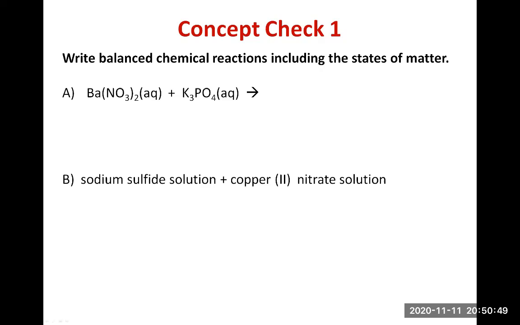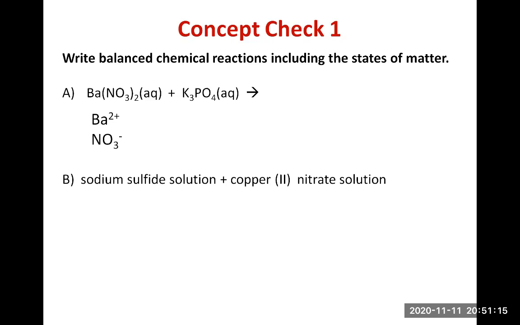Because it's an aqueous solution, the ions are free from each other and floating around in the water. So we have Ba2 plus, because that's barium from group 2A, so it's always Ba2 plus. We recognize the nitrate ion in parentheses there, and nitrate has one negative charge. And so this confirms we need two nitrates per barium.